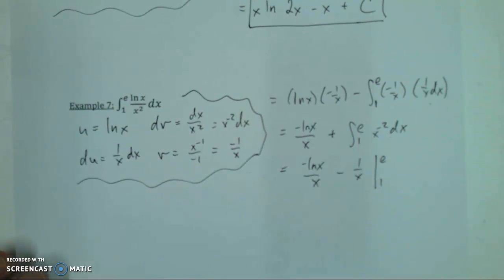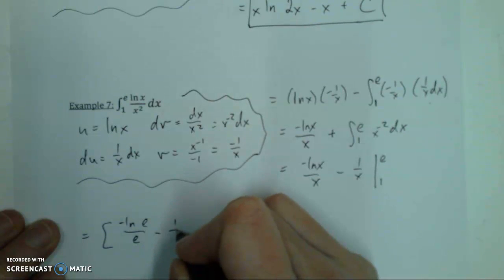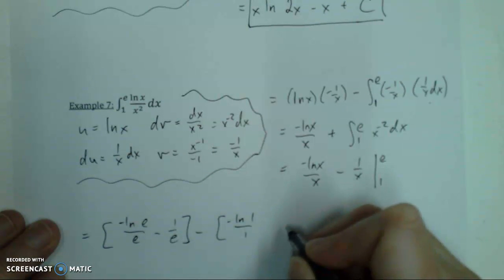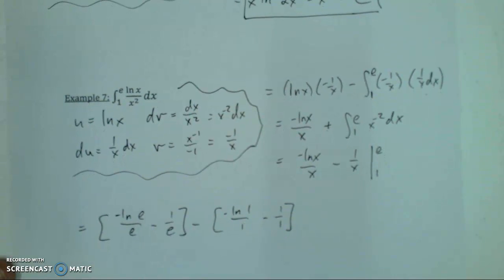Now at this point, I do still then need to evaluate my bounds. Let's come over here to the left where I have more room. So remember, we put the top bound in brackets, and then we subtract the bottom bound. Now as a reminder, the natural log of e is just 1.